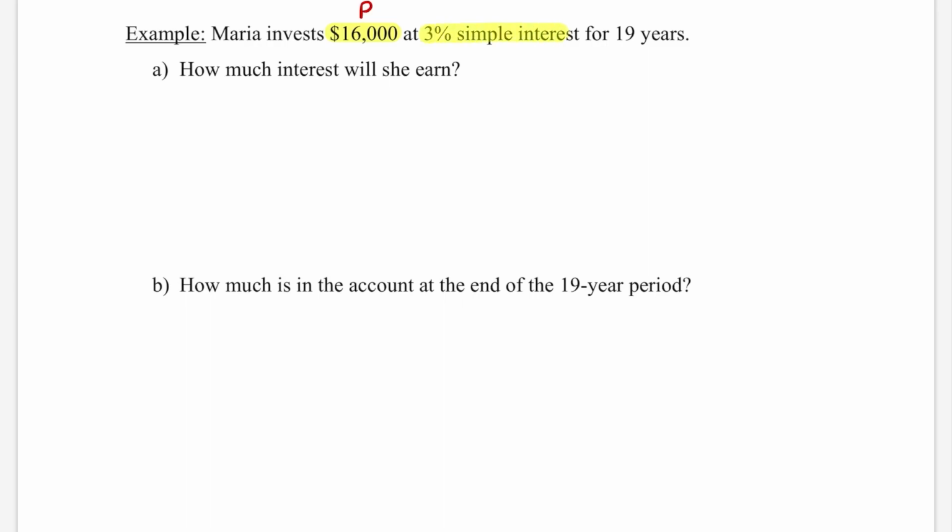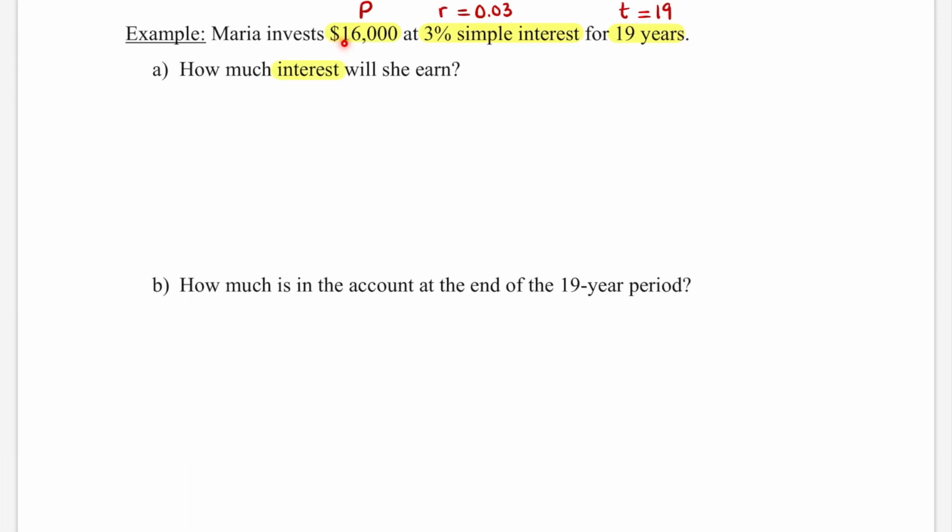My interest rate is 3% per year. So R is 0.03. Always make sure to convert the percent to decimal. And T is 19. Question A. How much interest will she earn?